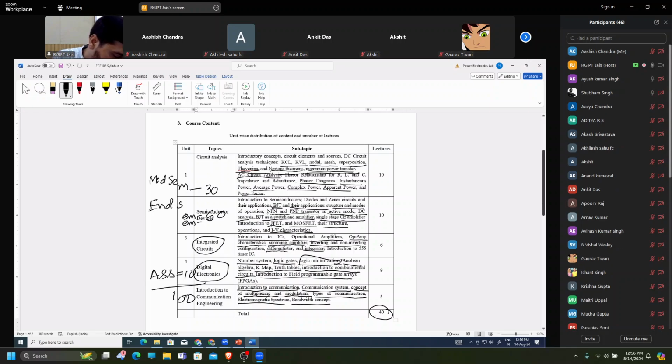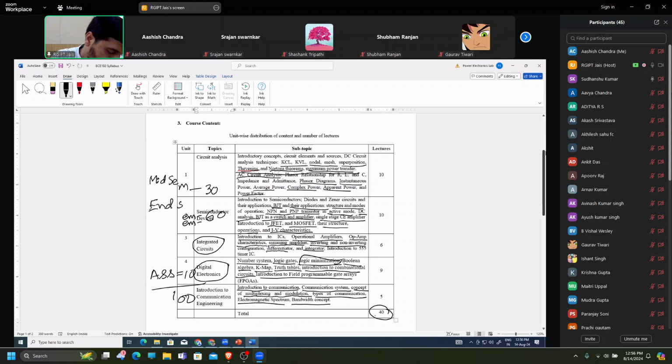Sasank Tripathi. Present, sir. Shubham Ranjan and Shubham Singh. Present, sir. Srajan Swarankar. Present, sir. Sudhanshu Kumar.